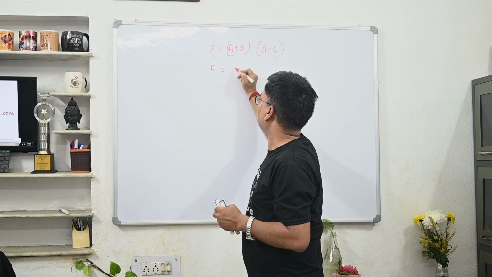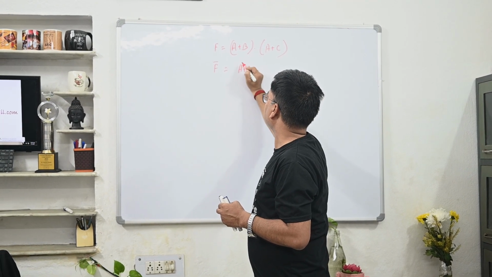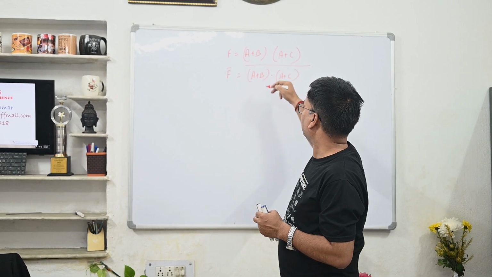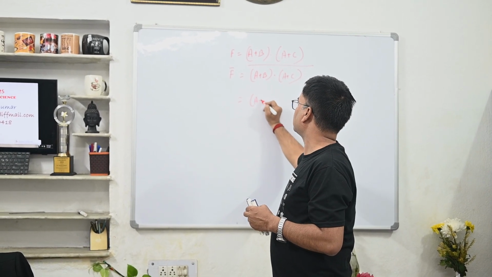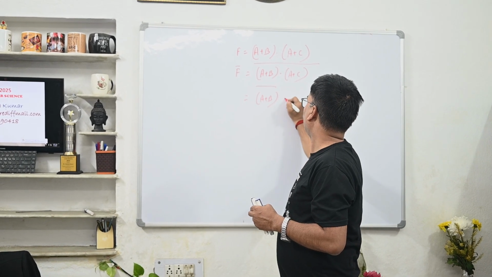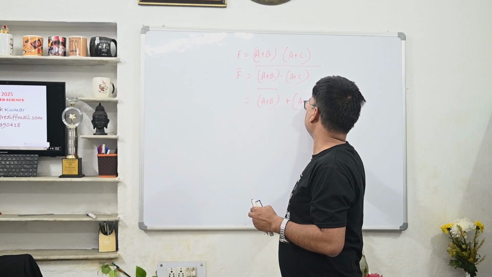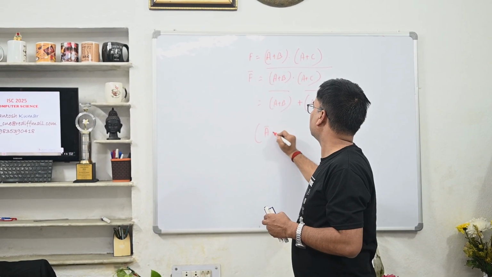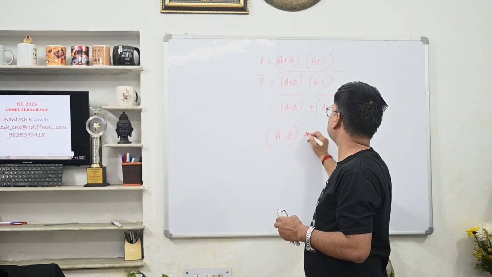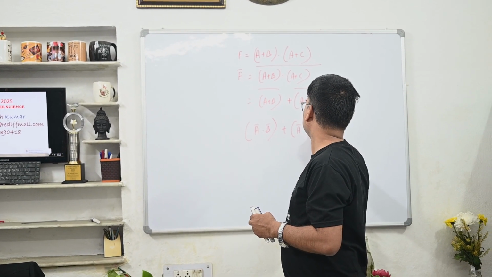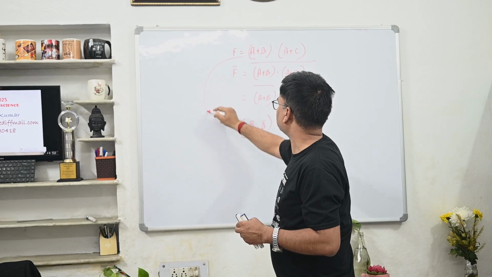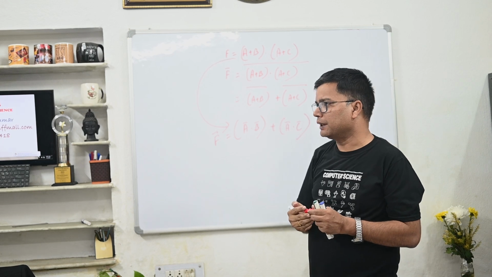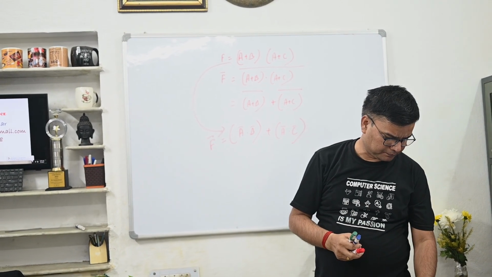F bar is equal to the complement of A plus B dot A plus C. Breaking the bar, this becomes A plus B bar plus A plus C bar. Breaking again, it is A bar dot B bar plus A bar dot C bar. So this way you can obtain the complement of a Boolean expression.